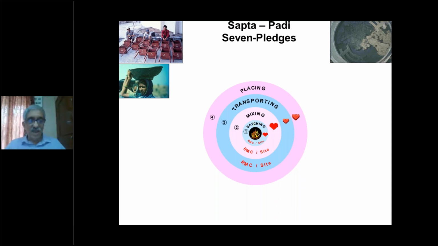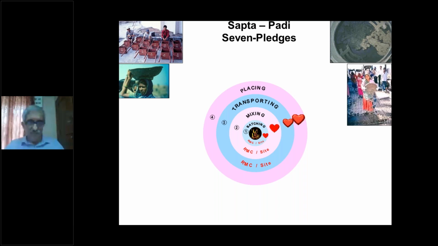By segregation, I mean the coarse part of the concrete, the aggregates, should not separate out from the mortar. This is a very, very important aspect. Those supervising concrete at the site must be very careful that the concrete does not segregate. After mixing, while transporting also, sometimes the concrete segregates. And while placing, if we are not careful, it will further segregate.